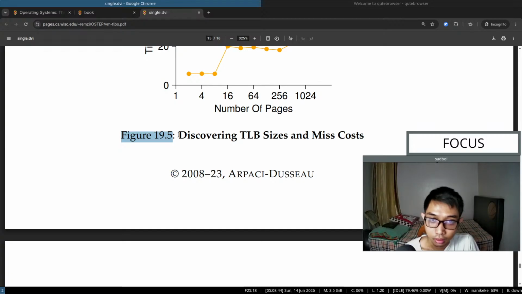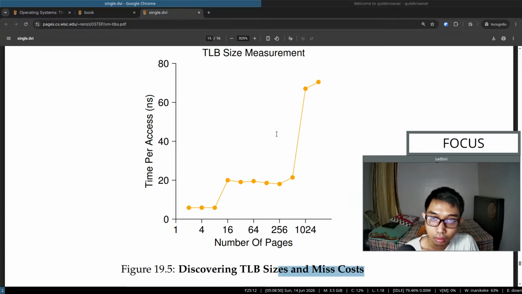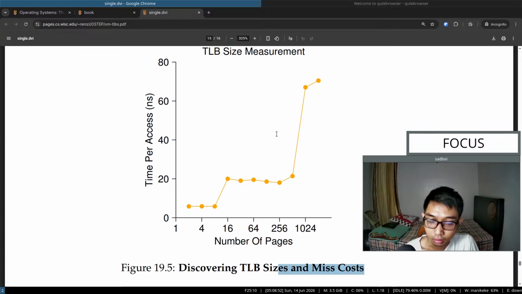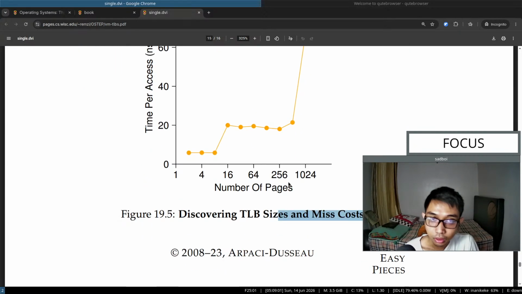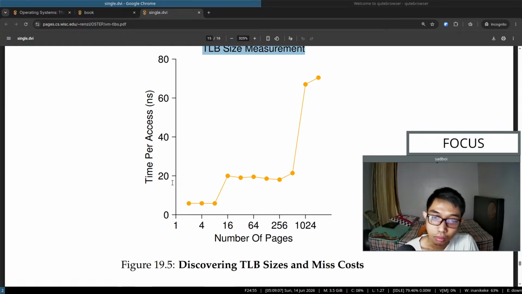19.5 Discovering TLB size and miss cost. Oh, this is time per access.